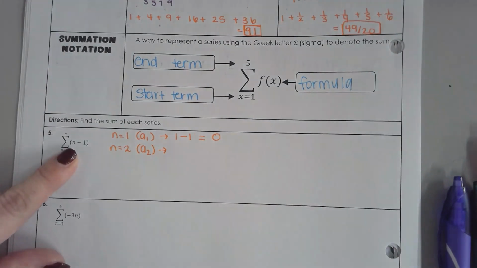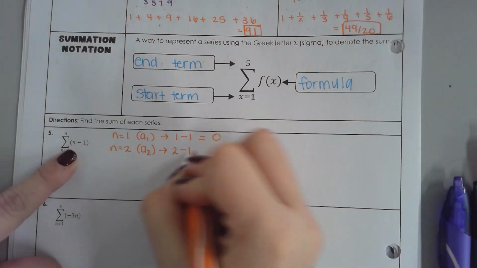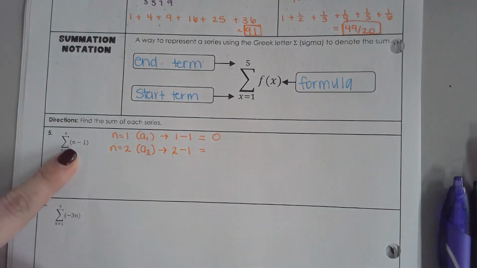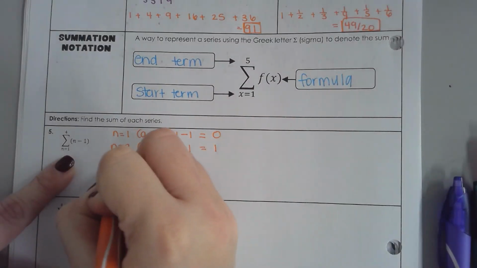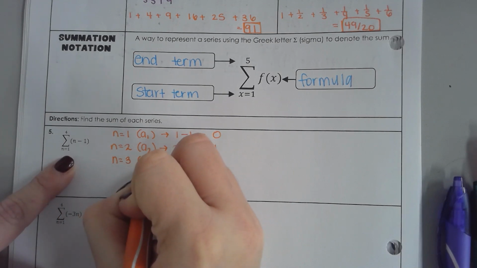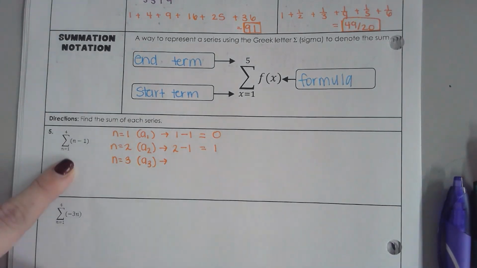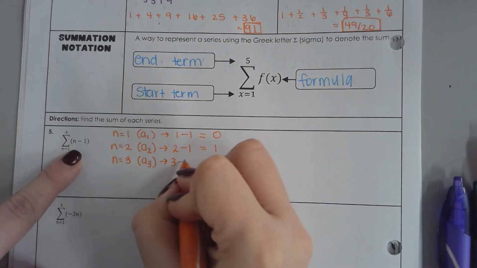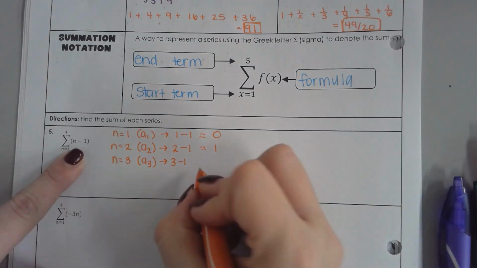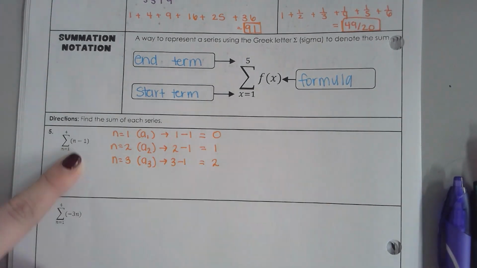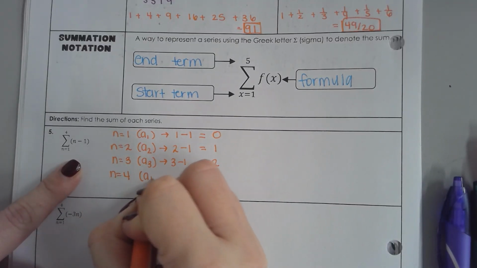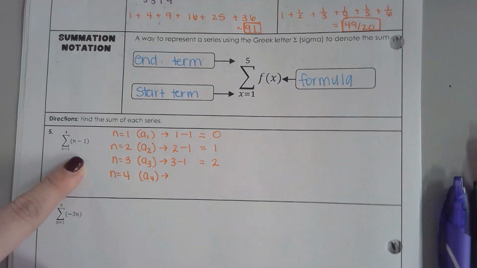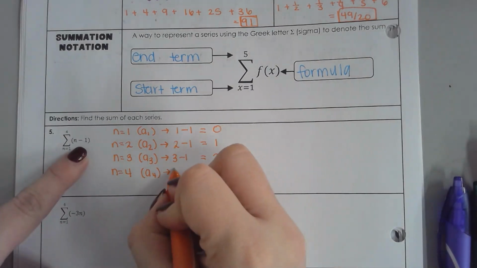So it's going to put a 2 in for N. 2 minus 1, which is 1. And then it's going to do N equals 3. That's the third term. So it's going to do 3 minus 1, which is 2. And it's going to do N equals 4, which is my A4, my 4th term. So it's going to do 4 minus 1.